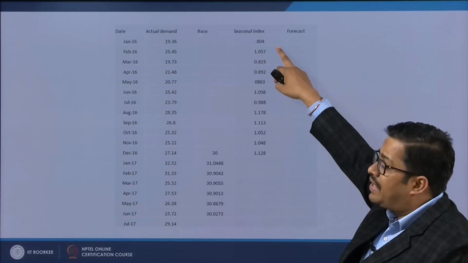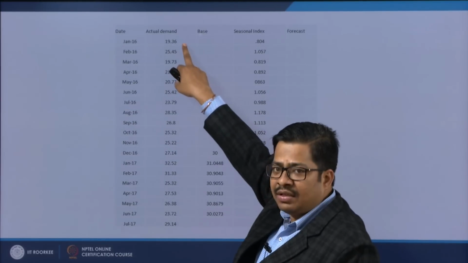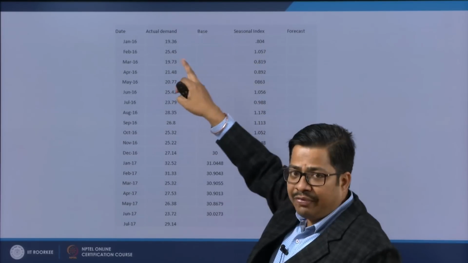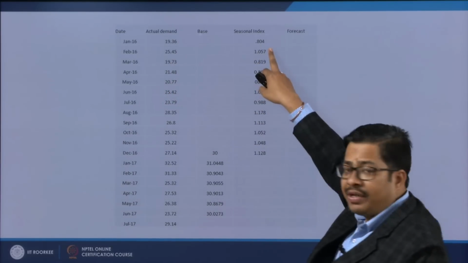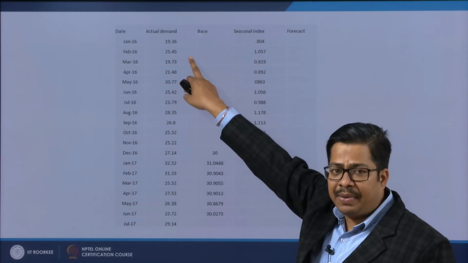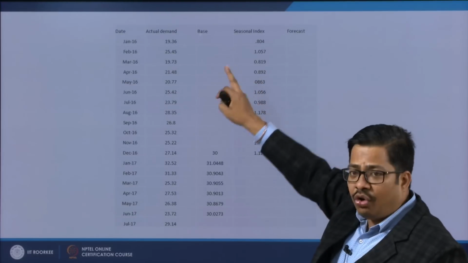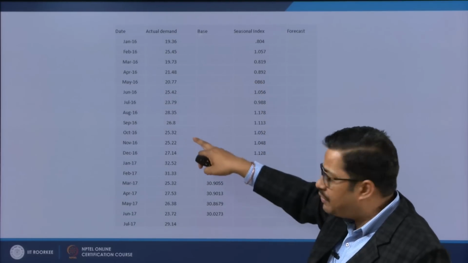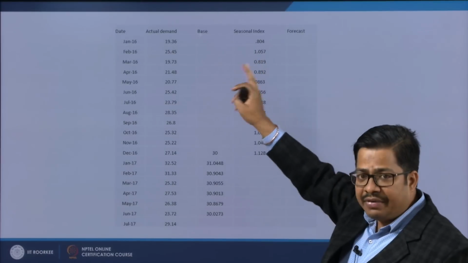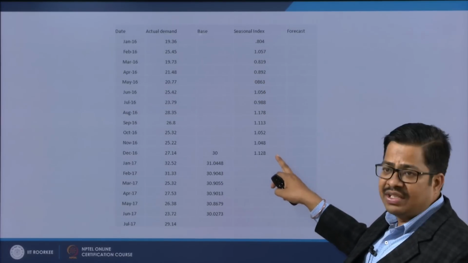The calculation is very simple: 19.36 divided by the average demand of 2016, that is 24.07, gives 0.804. Similarly, 25.45 divided by the average demand gives 1.057, and so on for the rest of the periods of 2016, such as 19.73 divided by the average demand of 2016.